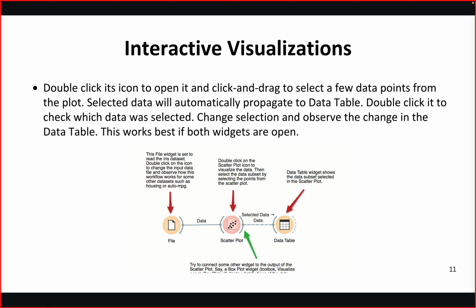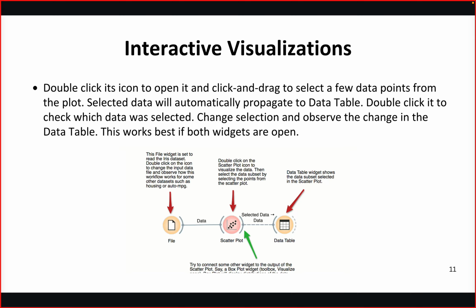The default is the whole data set, right? Interactive means we want to focus on a small part of the data set. We just use the mouse to select a small group of data points, then we can send them to the data table to view the result. It's called interactive.